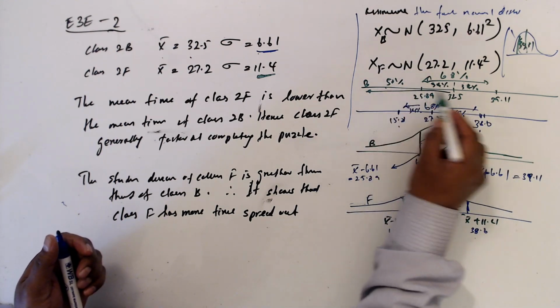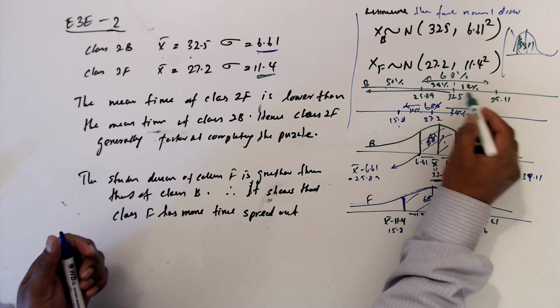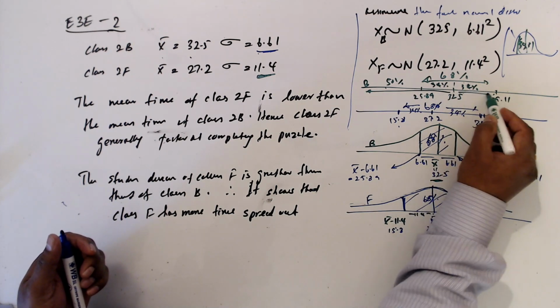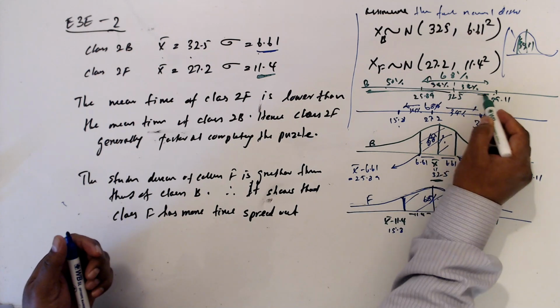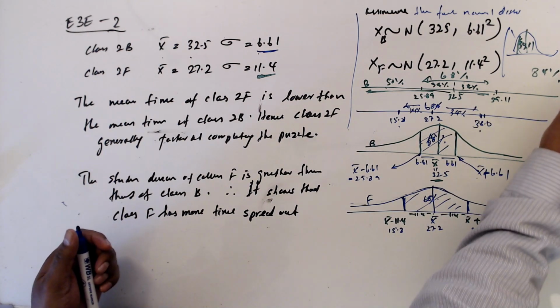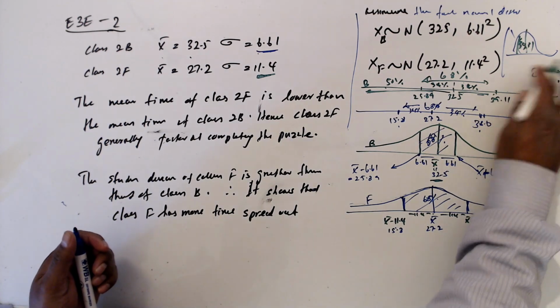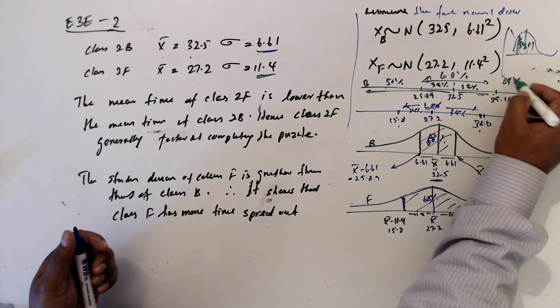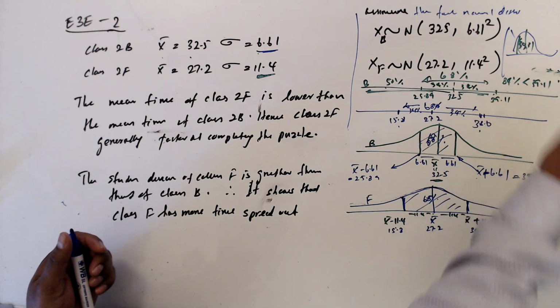So 50% plus this 34 up to here, that is going to be 84% of data less than 39.11.